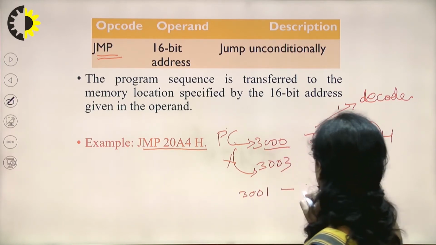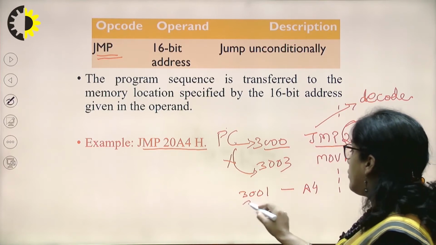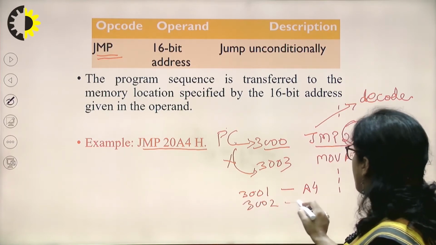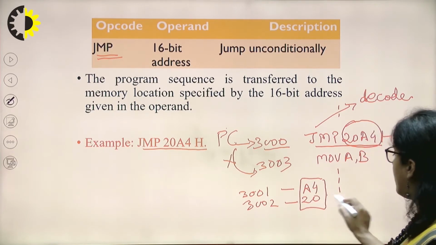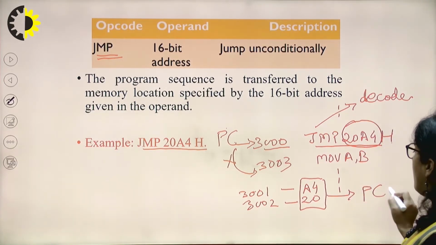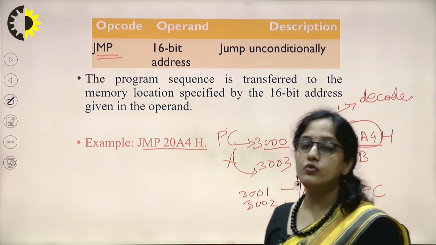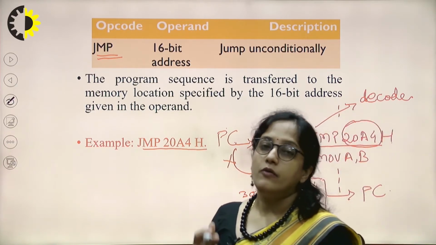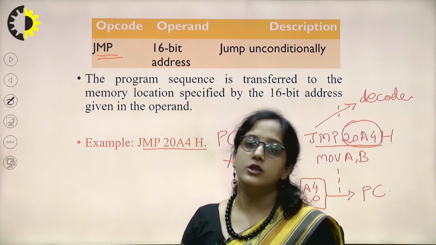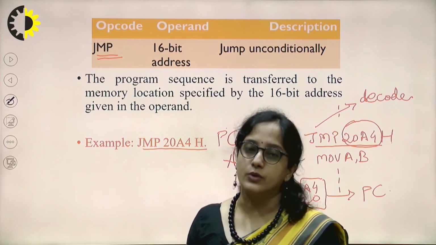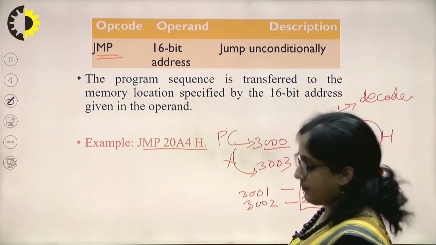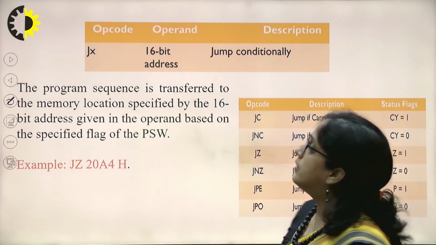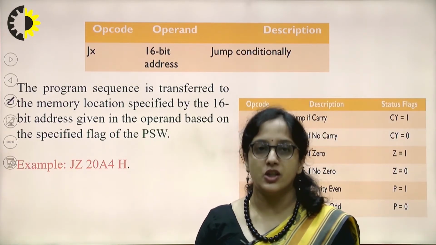From 3001 it will get A4, and from 3002 it will get 20. This data is then stored in the program counter, and now the program counter will point to the 20A4 location, and whatever instruction is written at the 20A4 location will be executed by the microprocessor. This is unconditional jump. The next type of jump instruction is conditional jump.